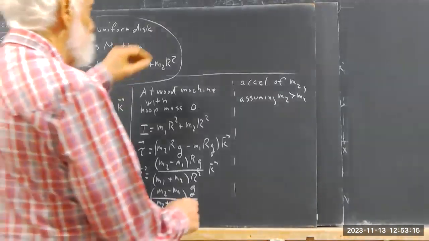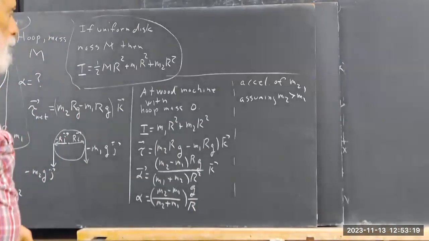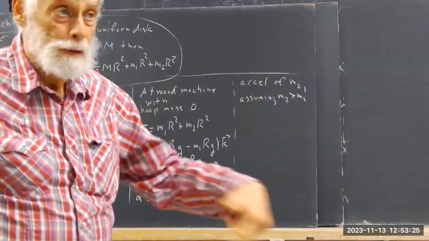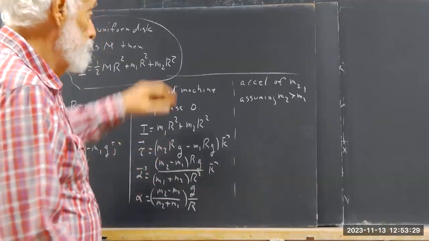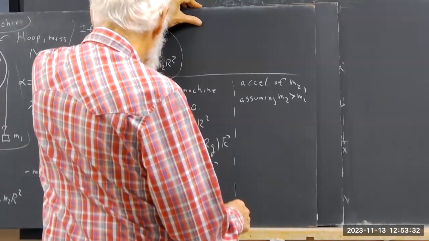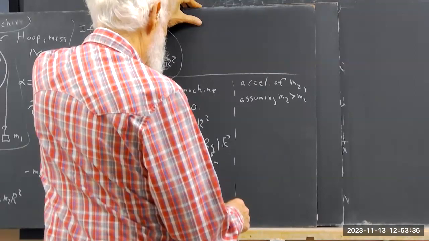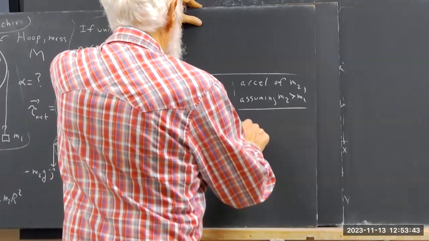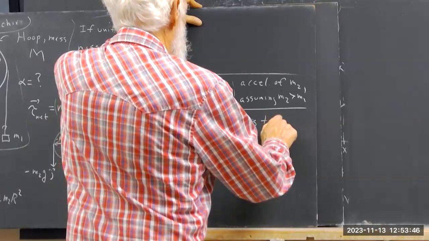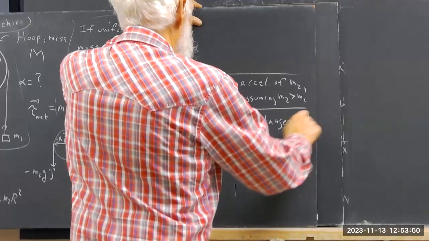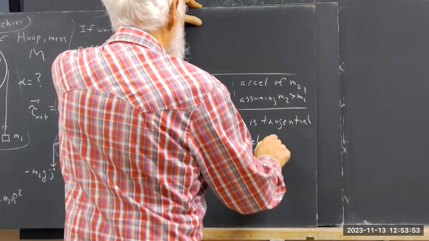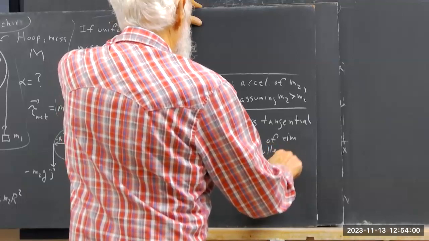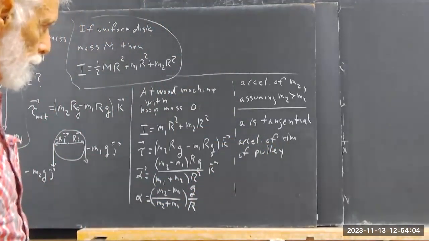Well, the string is unraveling at the same speed as the rim of the pulley. So that turns out the acceleration, what we call the tangential acceleration.